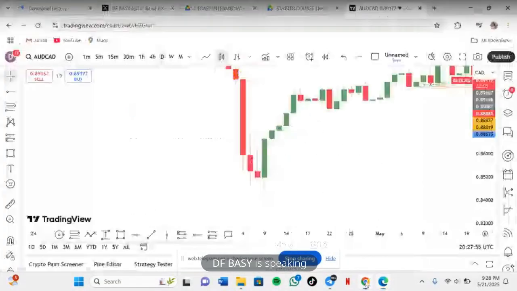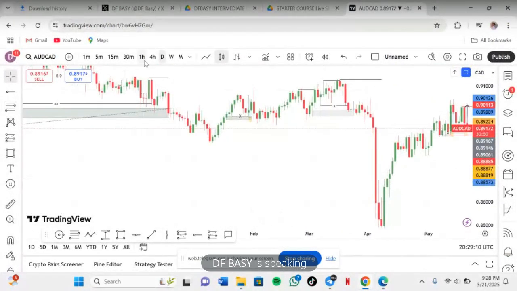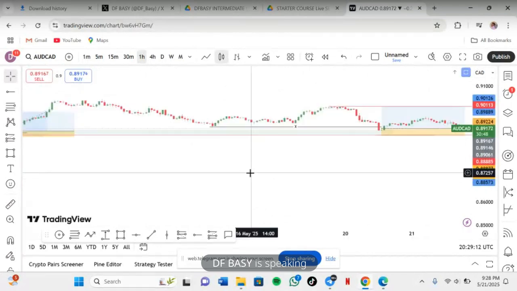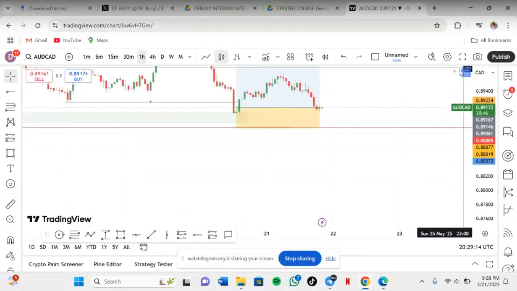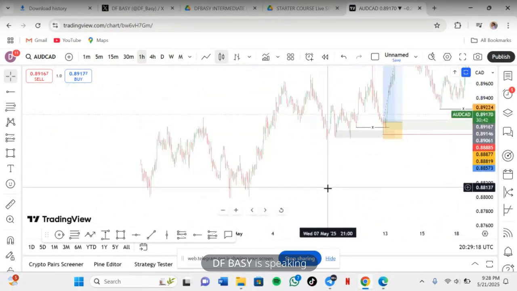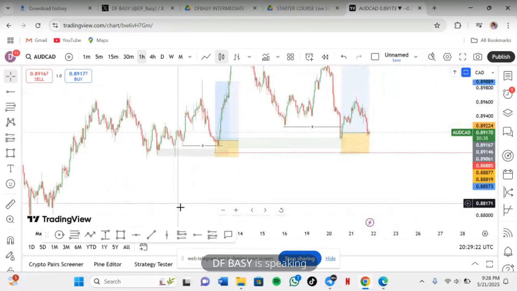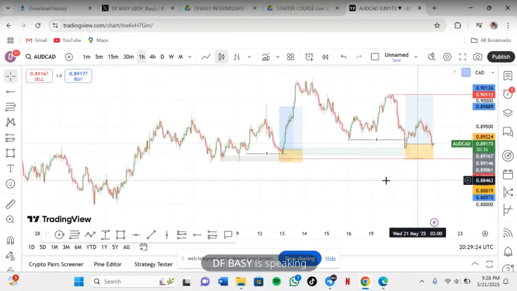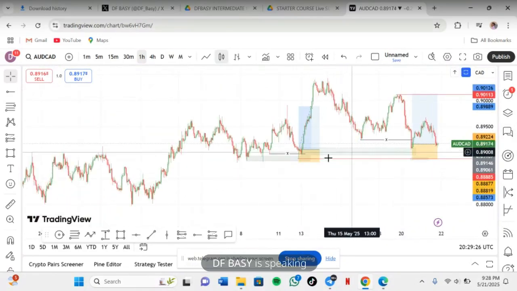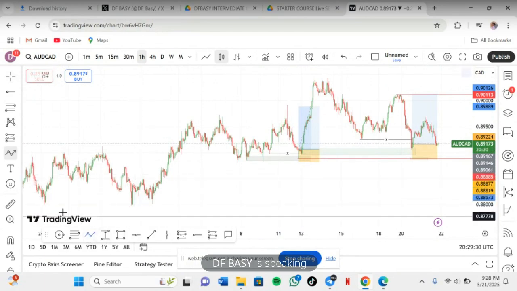So let me give you an example of a bullish market. This is an example of a bullish market. Why? Because the market is going up.